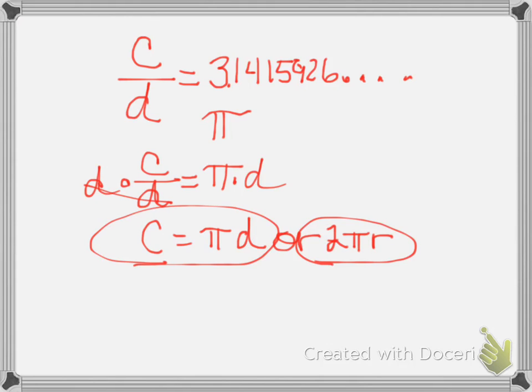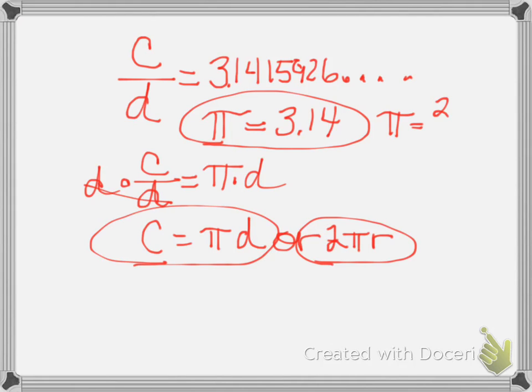Now, when we use pi, we're obviously not going to use all those decimal places because it still has never ended. That's why it's an irrational number. So for us, for pi, you're going to use 3.14. That's the approximation that you will be told to use for pi. If you're dealing with fractions, they also use an approximation for pi as 22/7.